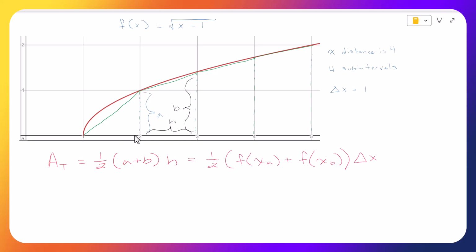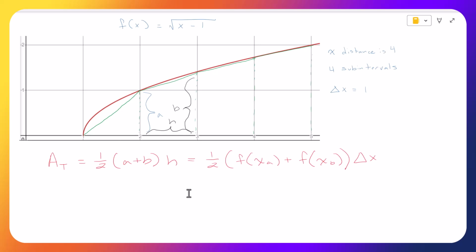So the left side will be our xa, the right side will be our xb. Okay. And now we're just going to go through and figure out all the areas. I'm just going to add all this up.